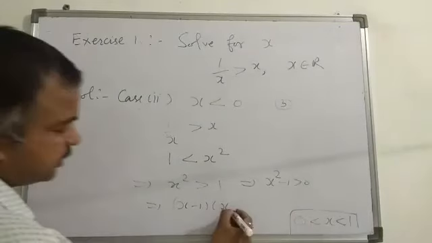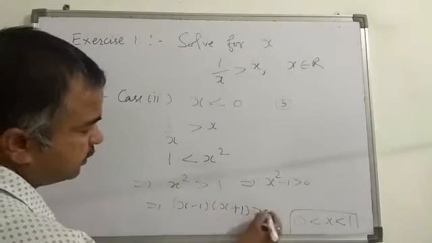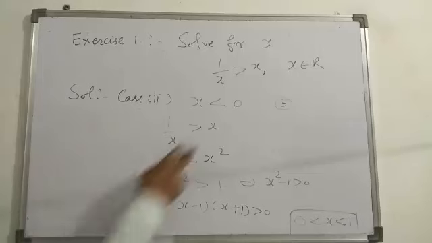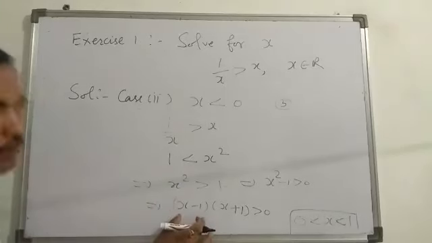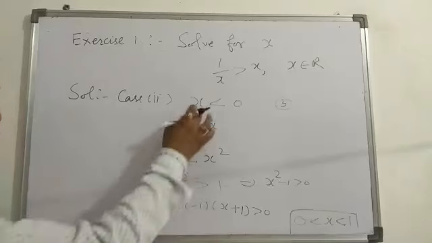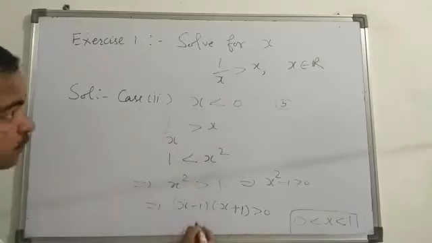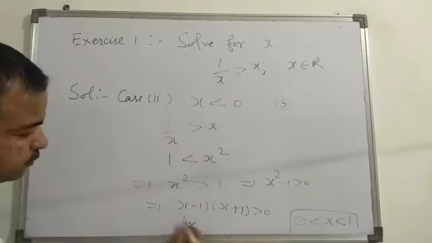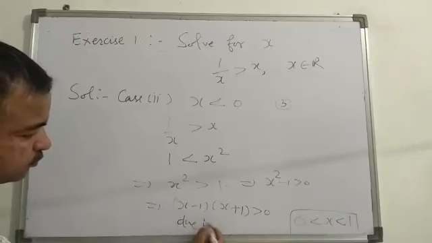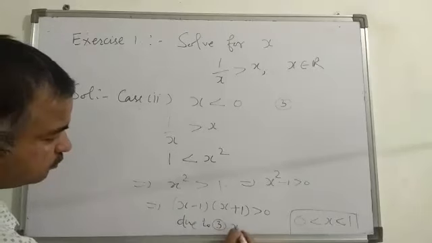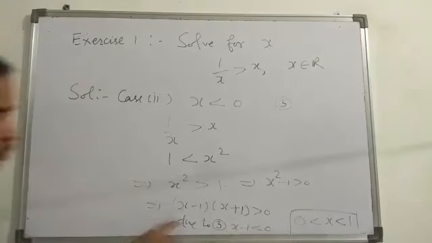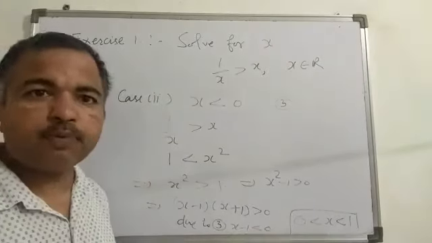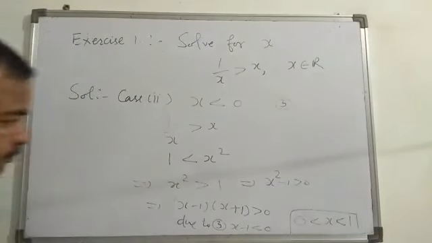So it means x minus 1 into x plus 1 is greater than 0. Because x is less than 0, it means x minus 1 is less than 0. So due to 3, the product of two real numbers is positive, it means either both are positive or both are negative.